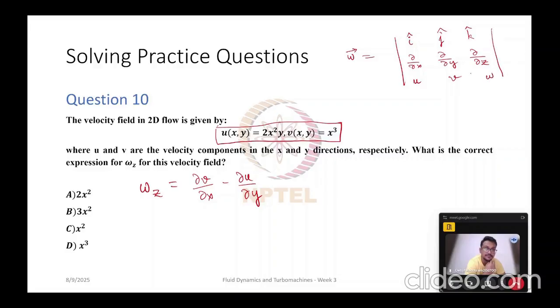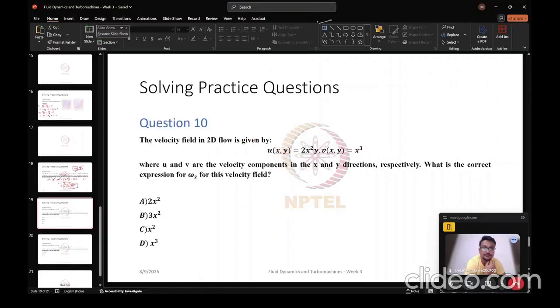So this basically comes out of the fact that the vorticity field is the curl of the velocity field. So, however you write this.